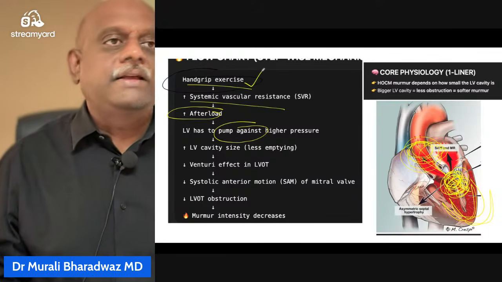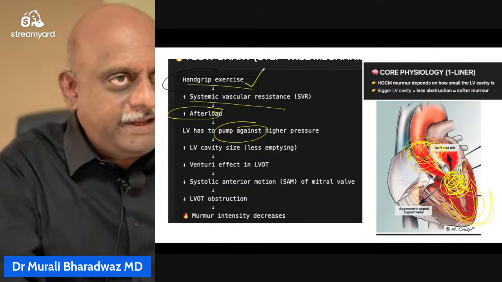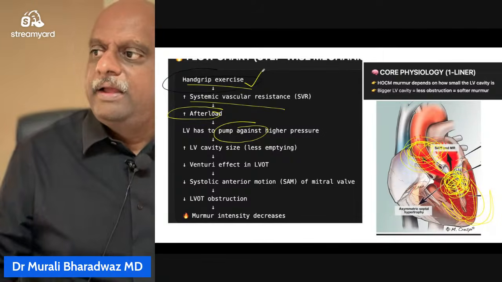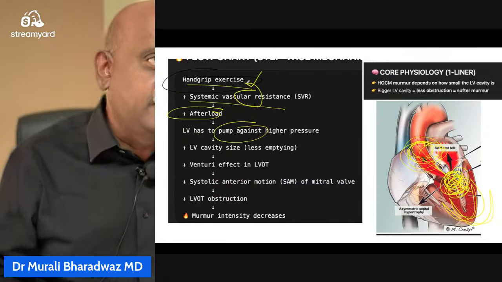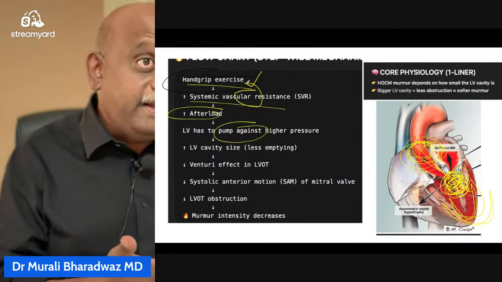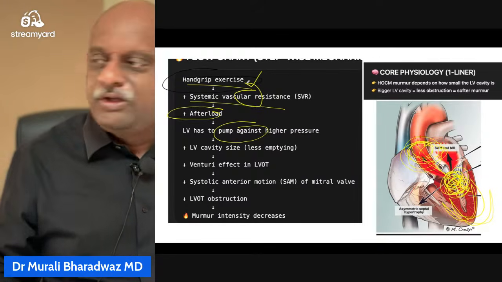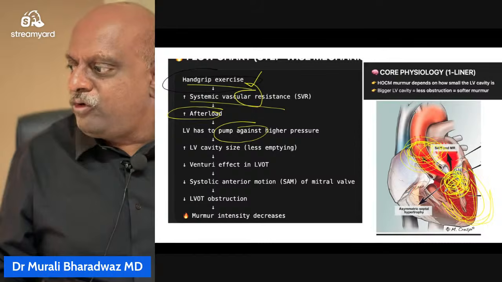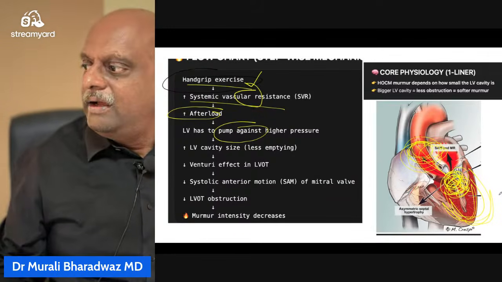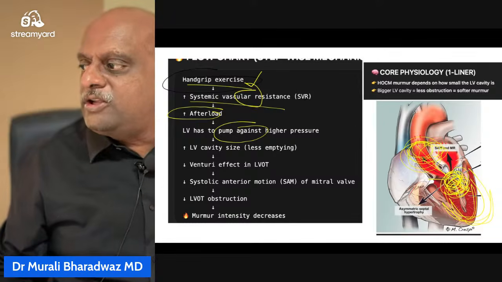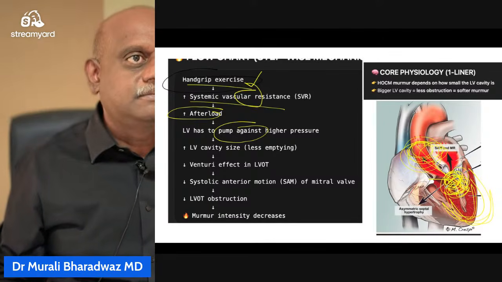Hand grip exercise is like your MBBS final year exam was. All your systemic vascular resistance is increased. You are fighting against an exam. So you will use all your focus and attention to pass the exam. Earlier you used to fight on small things with your girlfriend.